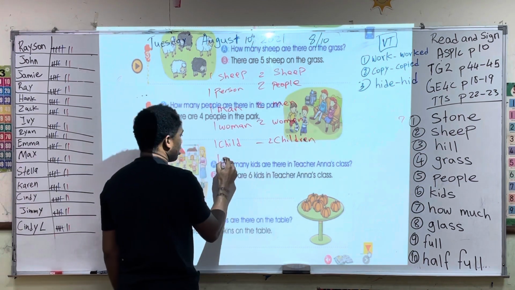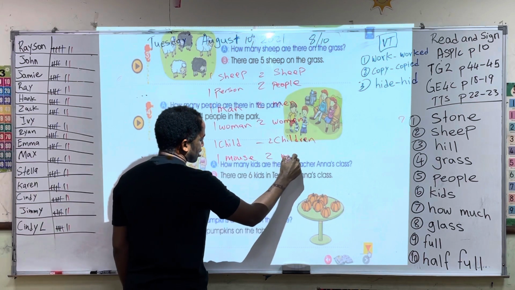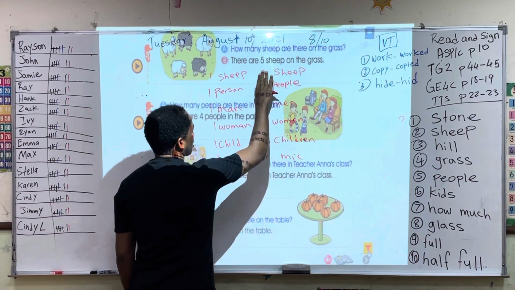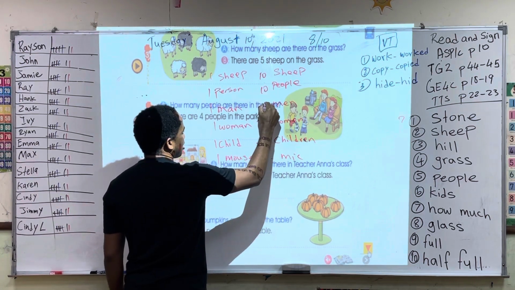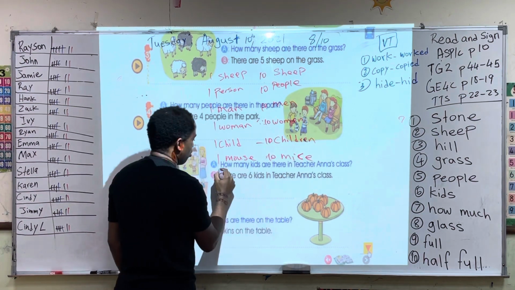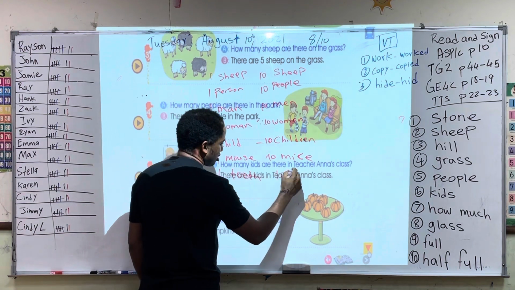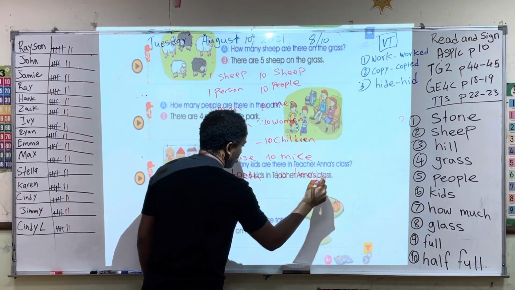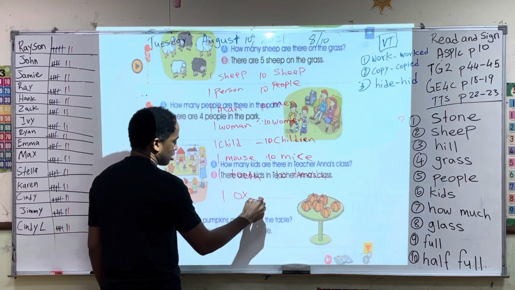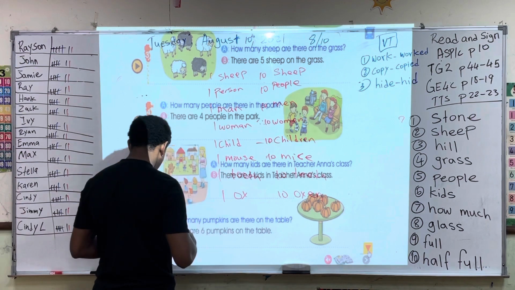Remember that. 1 mouse, 2 mice. Let's put 10 mice. 1 tooth, 10 teeth. 1 ox, 10 oxen. Okay?